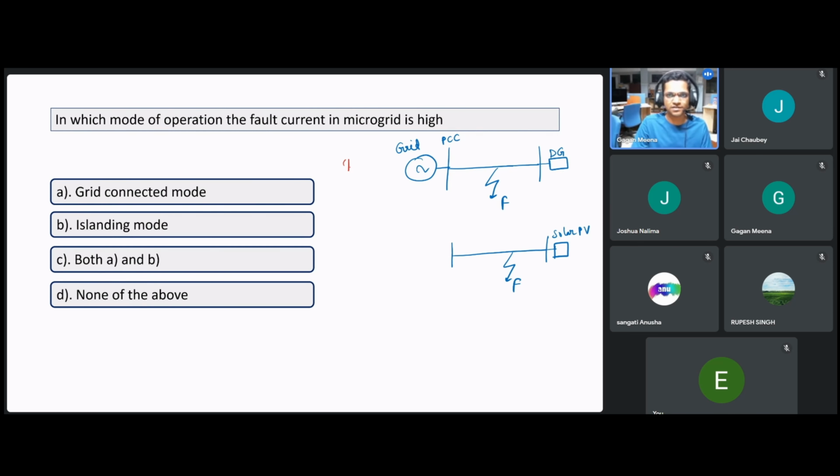Which will be the correct option? This is the first, grid connected mode, this is islanded mode.